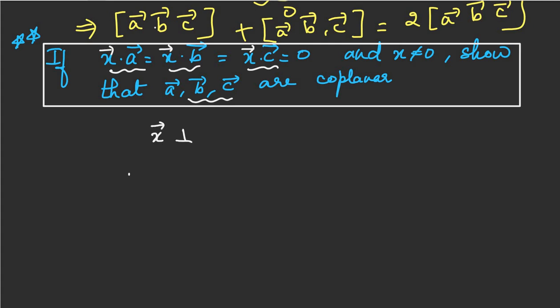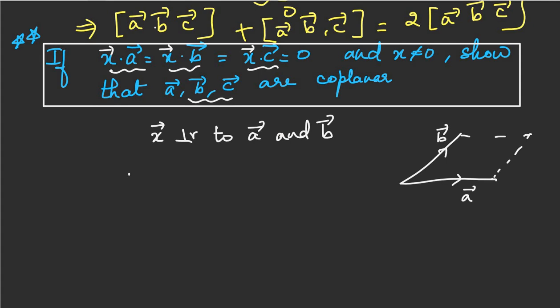From the definition of cross product, if A and B are any two vectors, then A cross B is a vector perpendicular to the plane of A and B, the normal vector. According to this question, the normal vector is x vector, so x and A cross B are both perpendicular to the plane of A and B, and so they are parallel to each other.